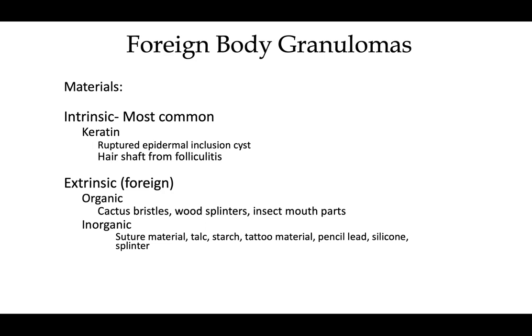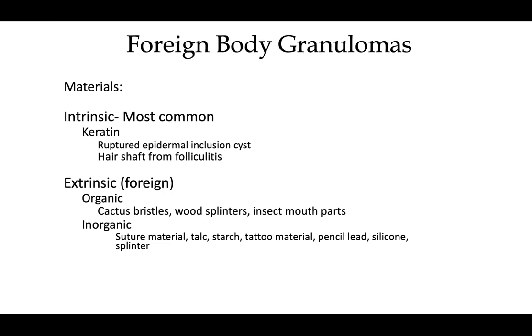But if the rupture occurred maybe a day or two before the surgery, you're going to have more neutrophilic rich inflammation. If it's been chronically ruptured, you're going to have more giant cell inflammatory reactions, as well as absorption of cholesterol clefts and keratin granulomas. So it really all depends on the time relationship and when that rupture occurred.